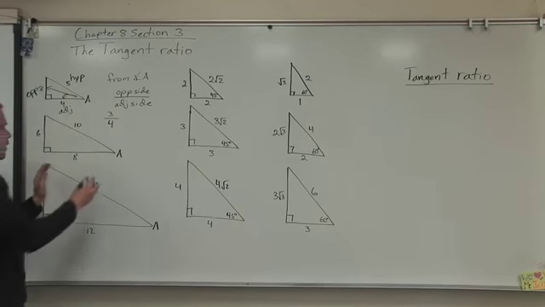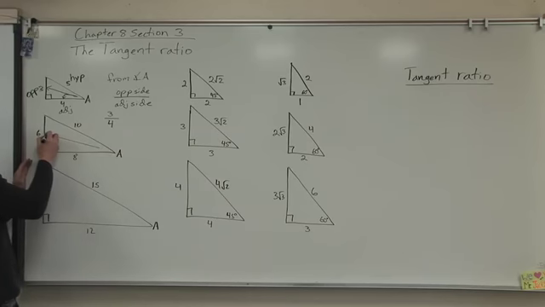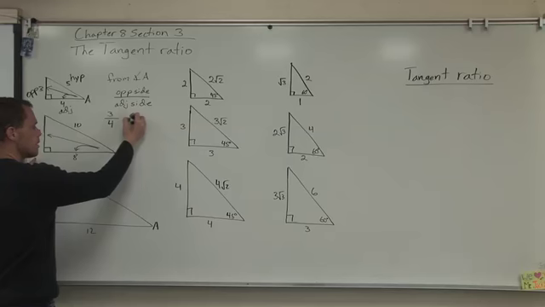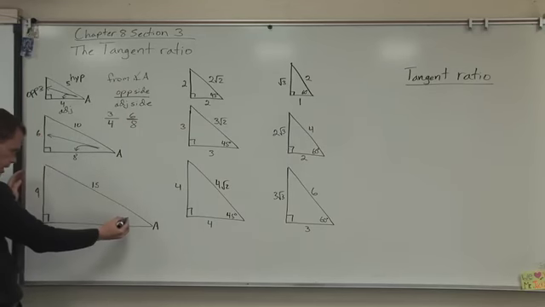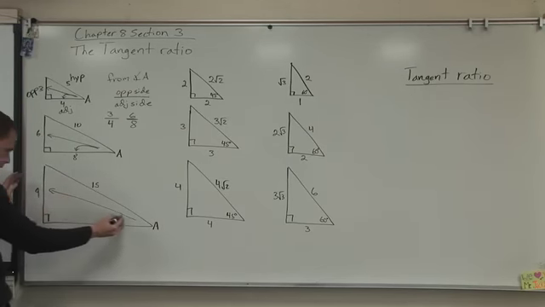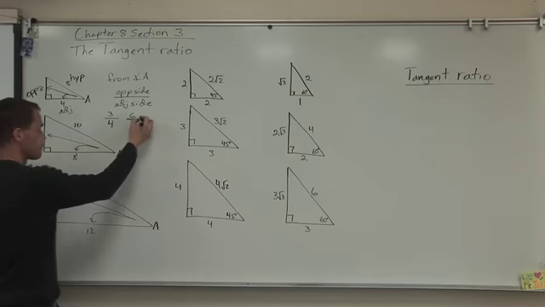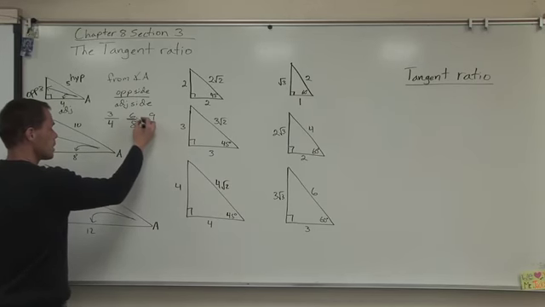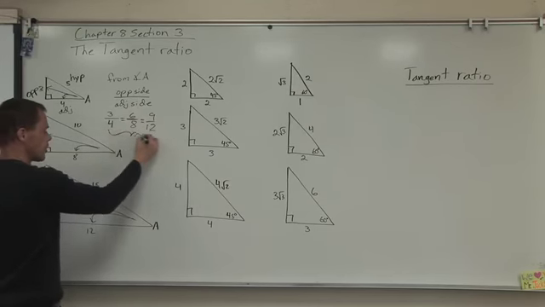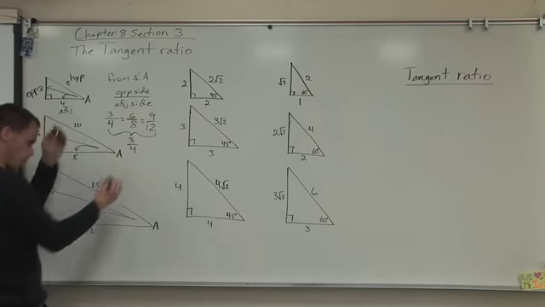Check out the relationship. It's 3 over 4. How about this angle A? 6 over 8. And from this angle A, 9 over 12. These are all equal to each other. They become 3 over 4.